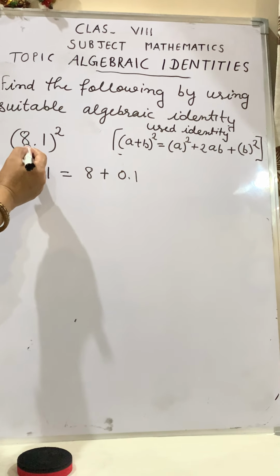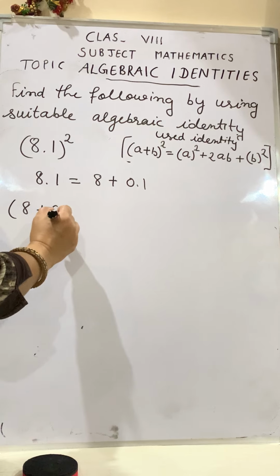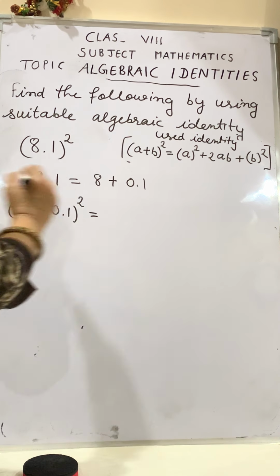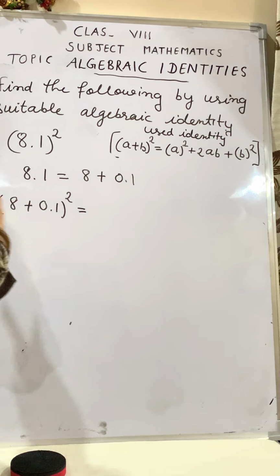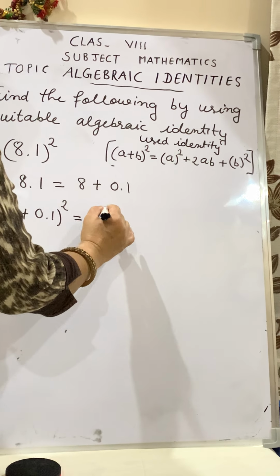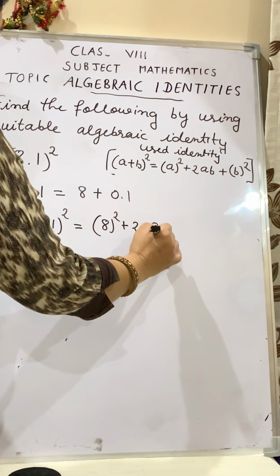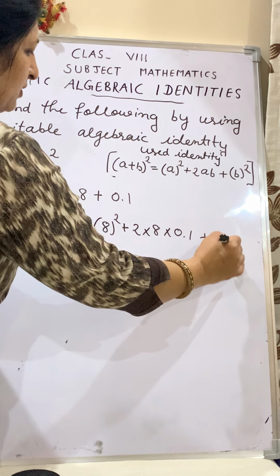So we will write 8.1 is (8 plus 0.1) whole square. What is a? a is 8. What is b? 0.1. So we will write 8 whole square plus twice of first and second plus whole square of second.